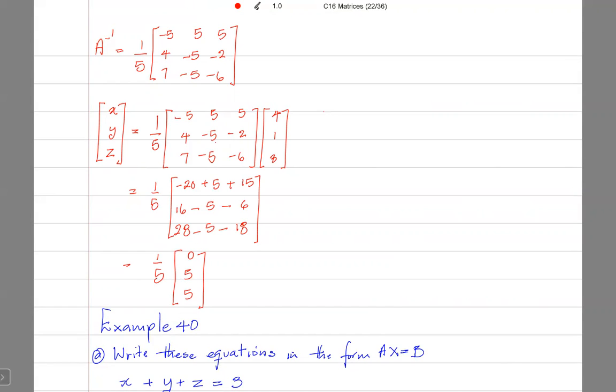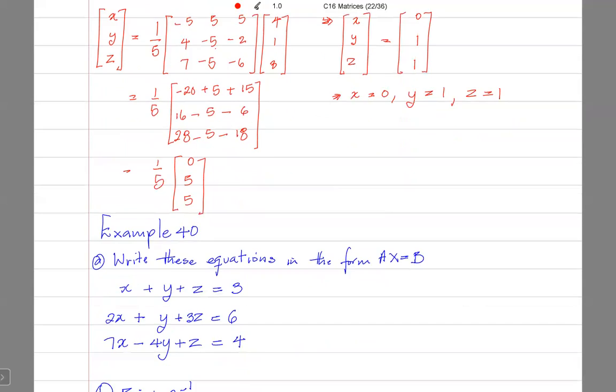So therefore, what we have is that X, Y, Z is equal to 1/5 times 0 is 0, 1/5 times 5 is 1, 1/5 times 5 is 1. So now we have X is equal to 0, Y is equal to 1, and Z is equal to 1. All right, that looks like success.